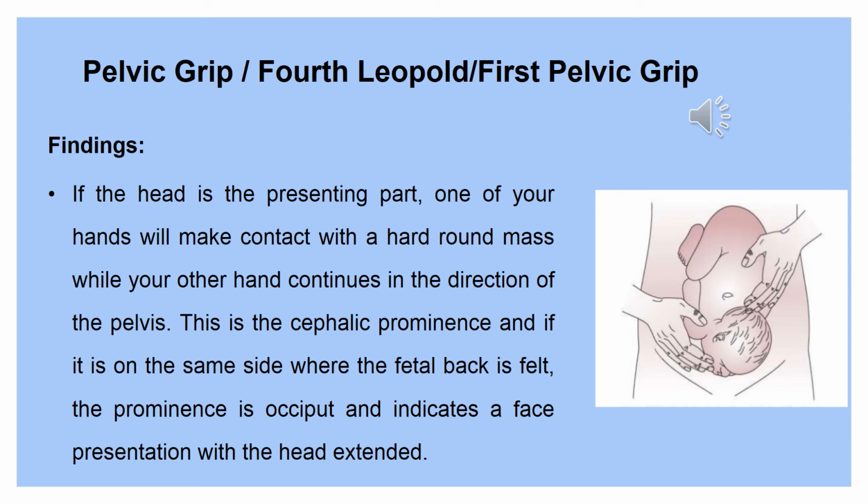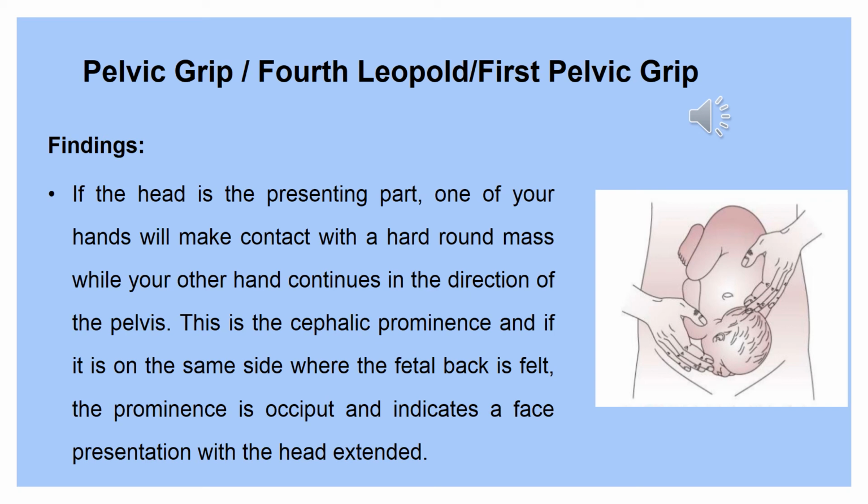The findings of pelvic grip. If the head is the presenting part, one of your hands will make contact with a hard round mass while your other hand continues in the direction of the pelvis. This is the cephalic prominence, and if it is on the same side where the fetal back is felt, the prominence is the occiput and indicates a face presentation with the head extended.